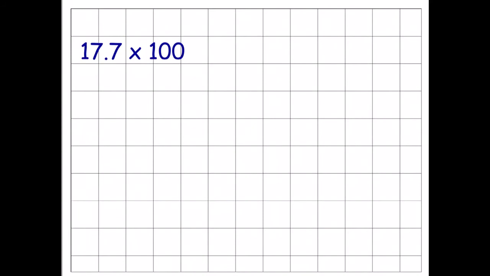Okay, this question then, 17.7 times 100. By now I'm sure we're all confident and we know that we move our decimal point to the right with multiplying, and it's going to be going twice to the right because there are 2 zeros. But let's write out that number that we're multiplying, 17.7, and we'll put in a few zeros because they're there, and we don't normally write them because there's no numbers actually there.